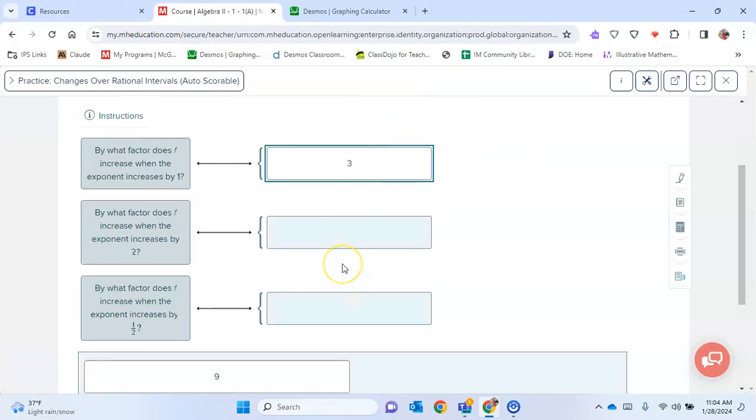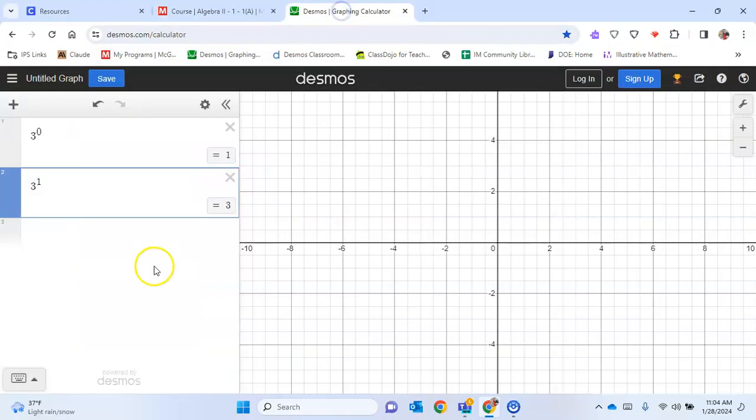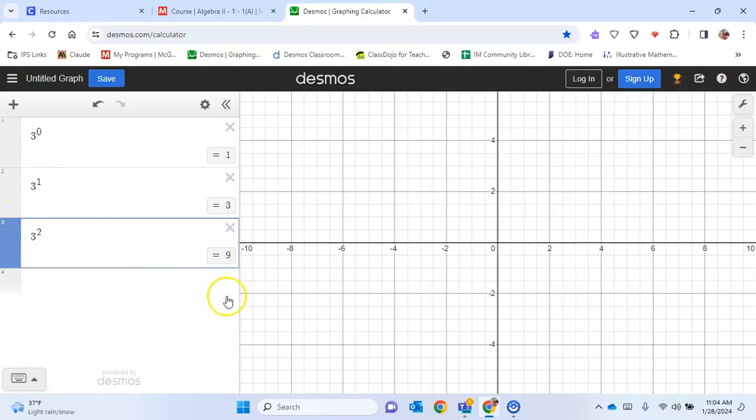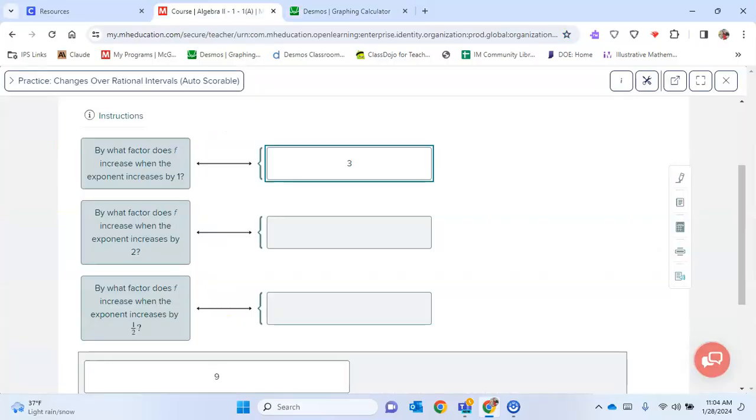By what factor does f increase when the exponent increases by 2? Alright, 0 plus 2 is 3 squared. And so 9 divided by 1 is 9.